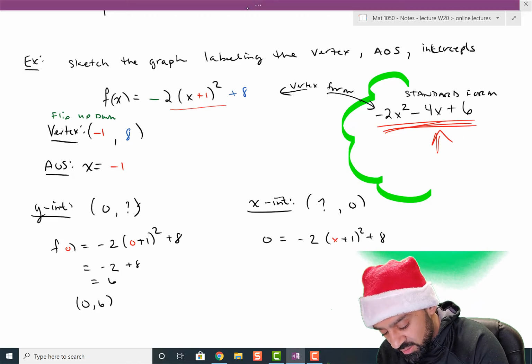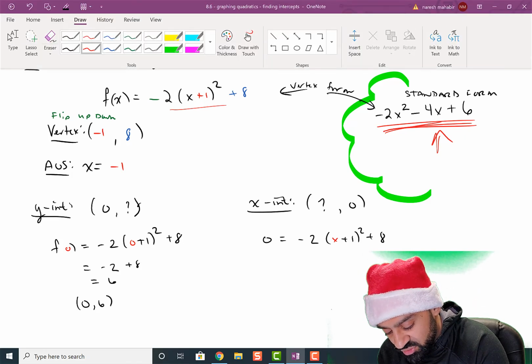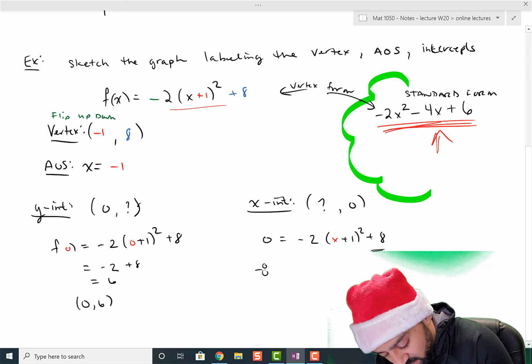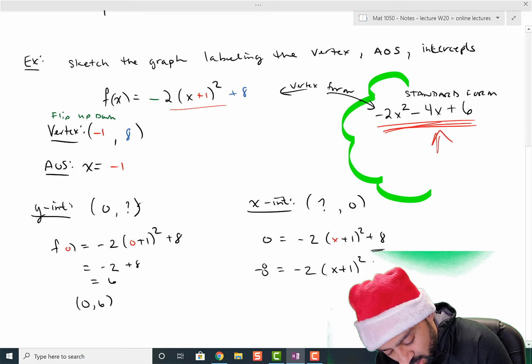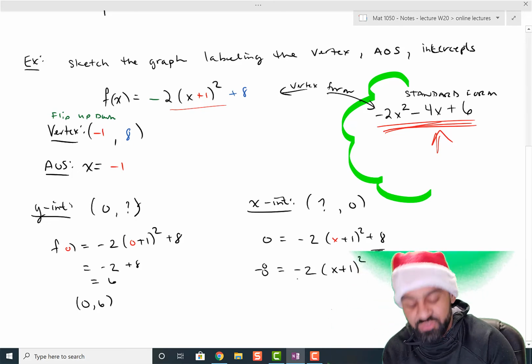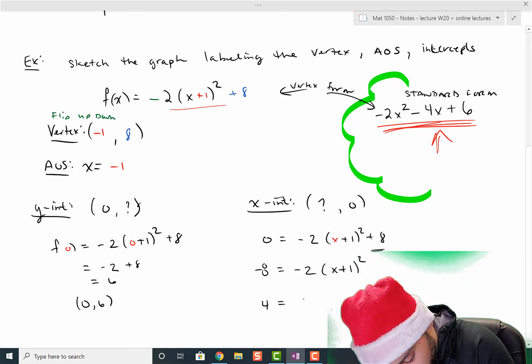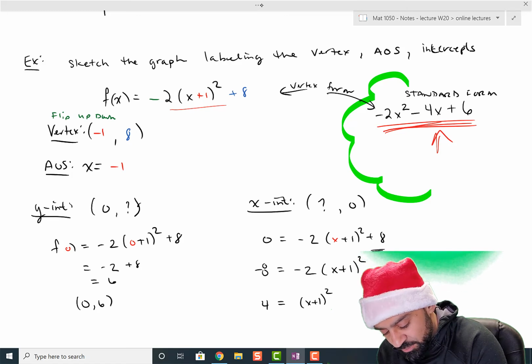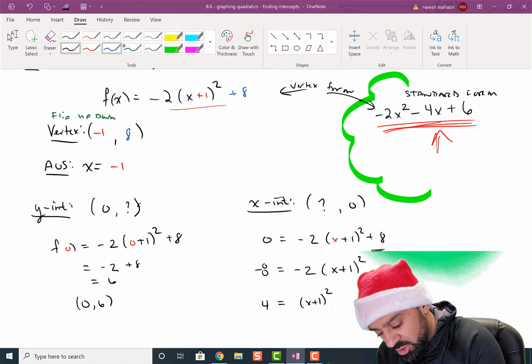Watch, I'll show you. Anytime we're trying to solve for x, we need to isolate it, which means I'm going to subtract 8 onto the other side. Now I'm going to divide by negative 2, which will give me a positive 4 on that side. But note, I still have the square. Okay, people, in Chapter 7 you learned about undoing squares.